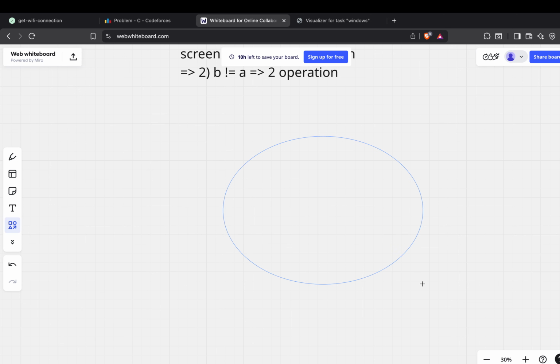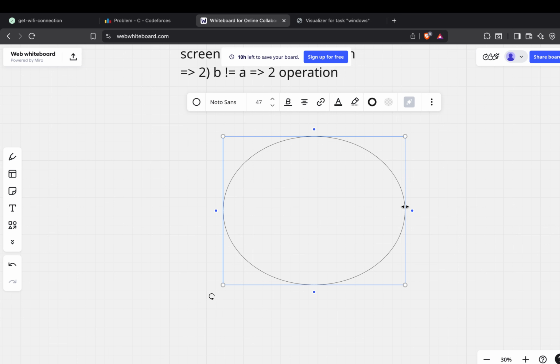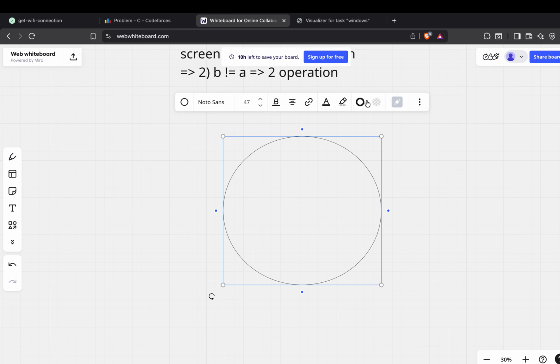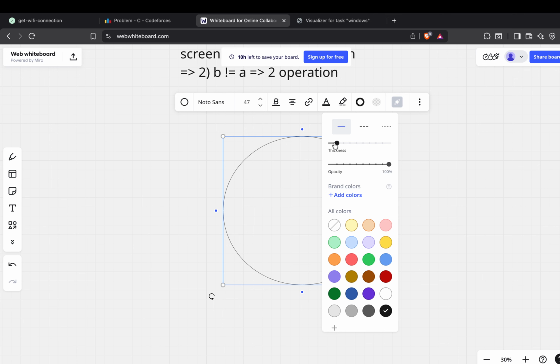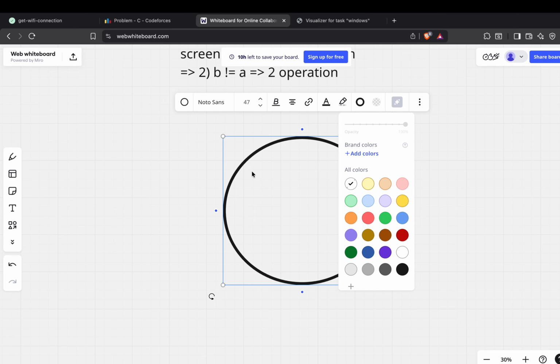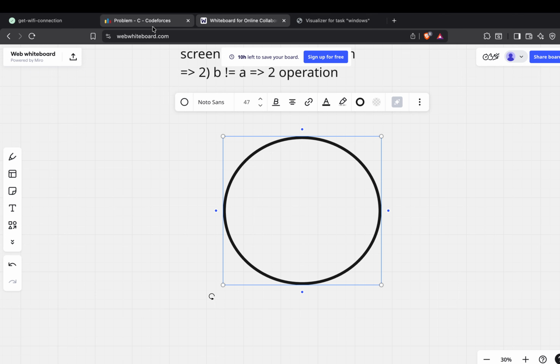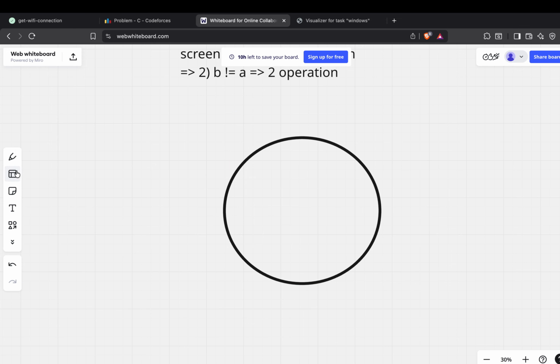Okay, so we are given a ring on which some elements, or let's say nodes, reside.